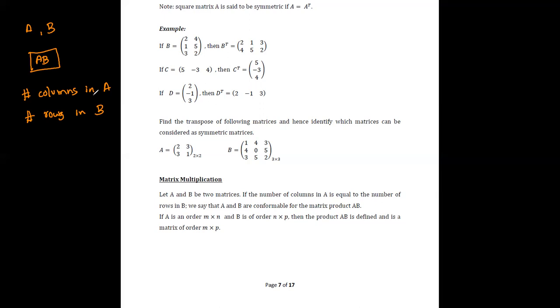If this condition is satisfied, then we say that matrices A and B are conformable for the matrix product AB.